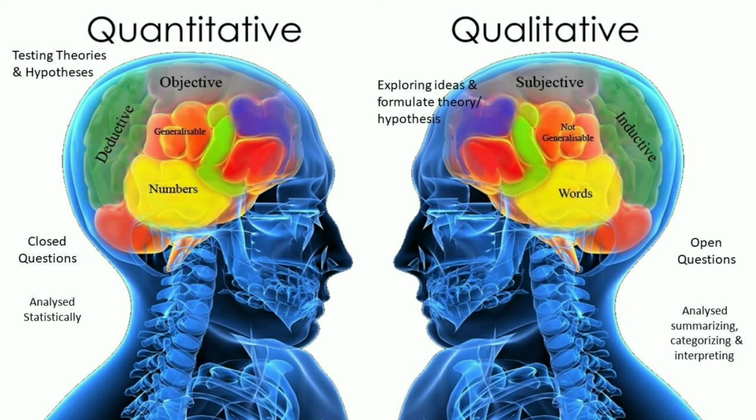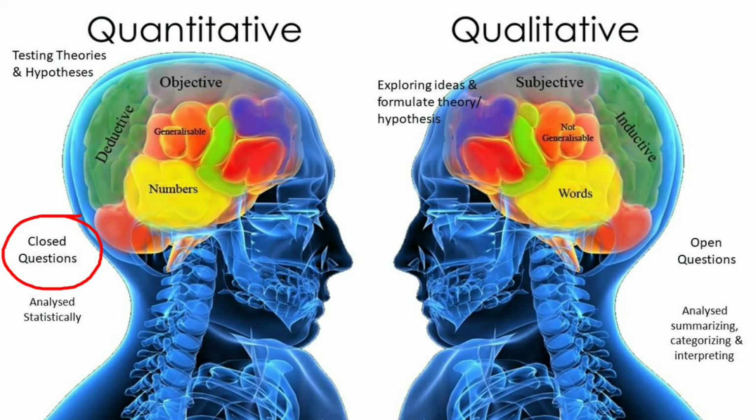Similarly, another difference is that quantitative research is mainly expressed in numbers, graphs and tables, while qualitative research is expressed through words, opinions and perceptions. Quantitative research requires many respondents, whereas qualitative research requires only a few respondents.